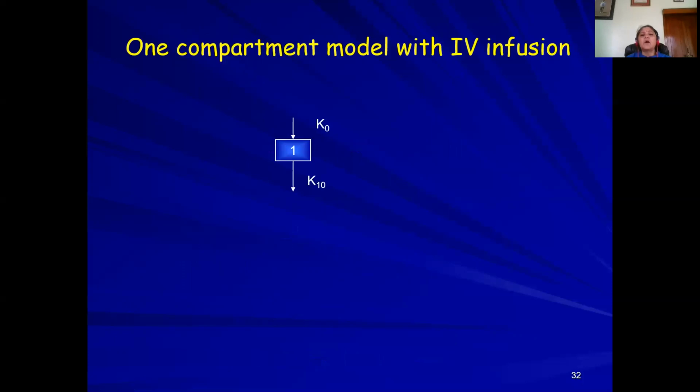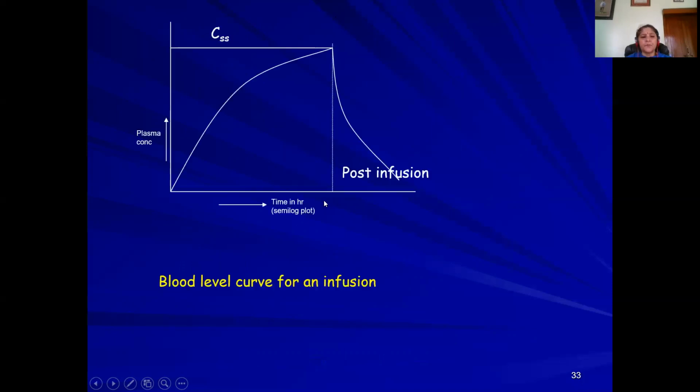Now this is a representation of one compartment model with IV infusion, where K0 is the rate of infusion and K10 is nothing but the rate of elimination. And this is the blood level curve for an infusion, where time is on the x-axis and plasma concentration is on the y-axis.